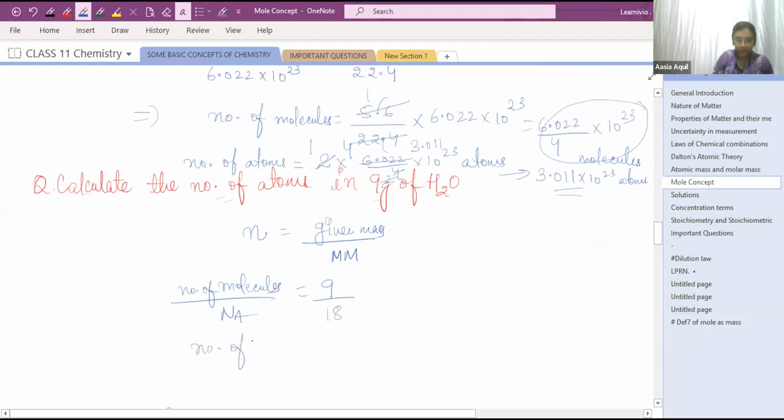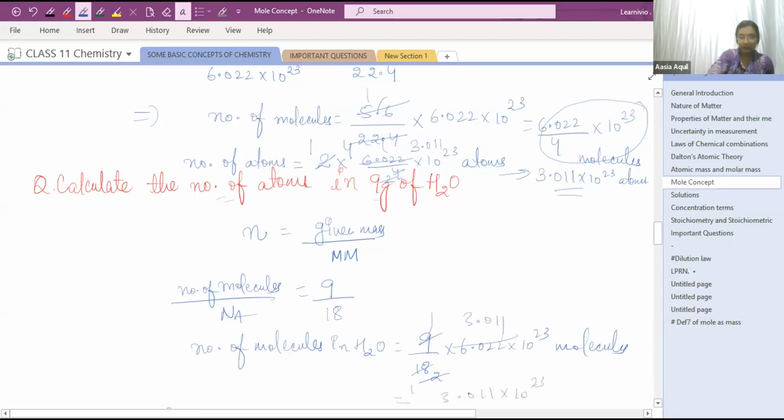So the number of molecules in water is equal to 9 upon 18 into 6.022 into 10 to the power 23. This is molecules. 3.011 into 10 to the power 23 molecules.